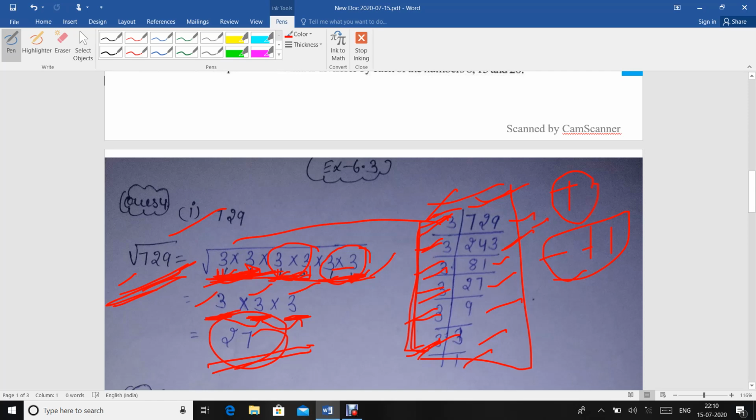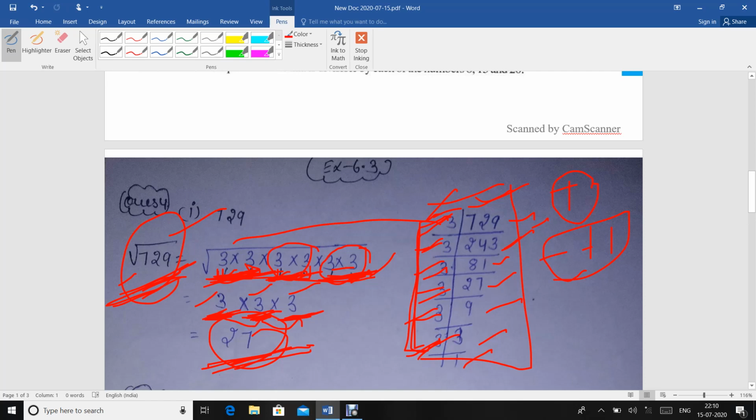There are two 3s, so we will write it only once. Also there are two 3s, so we will write it only once. After writing one factor from each pair, we have to do the product, and the product will be the square root of the number.